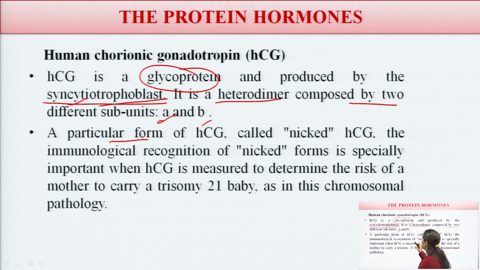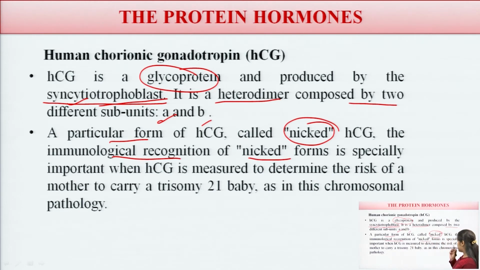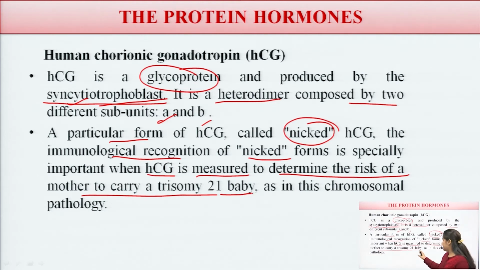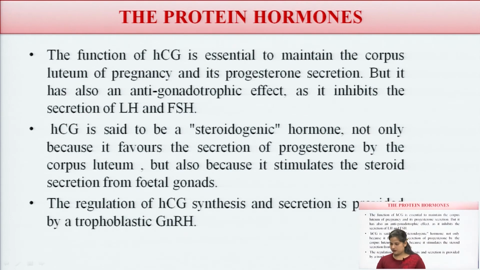A particular form of the HCG is called the NIGD. The immunological recognition of NIGD forms is especially important when HCG is measured to determine the risk of the mother carrying trisomy 21 as a chromosomal pathology, right?